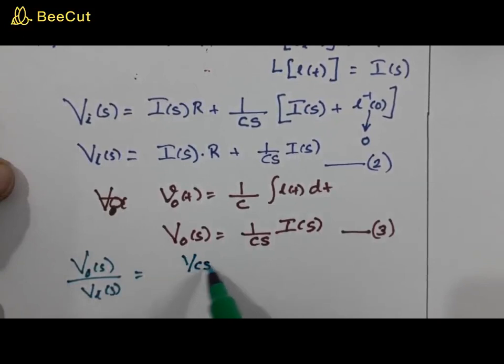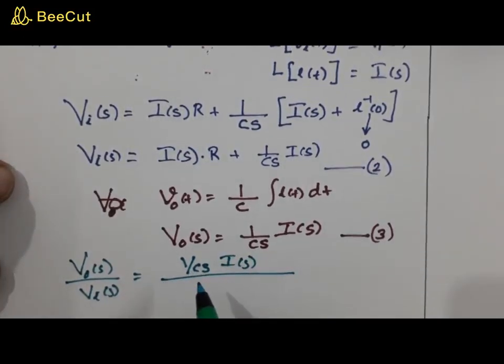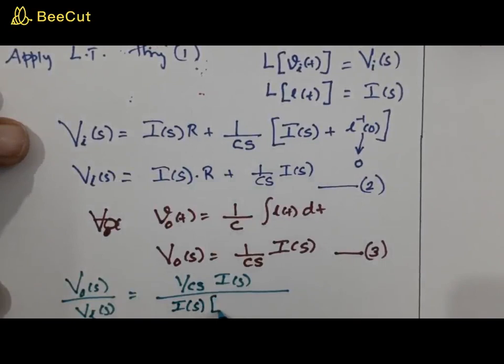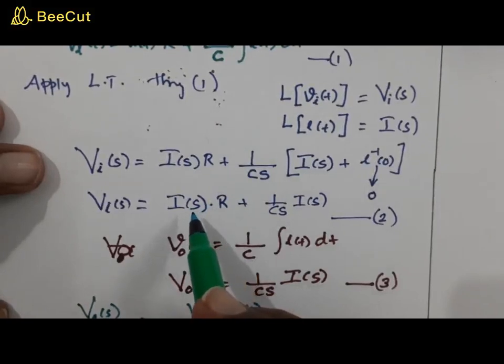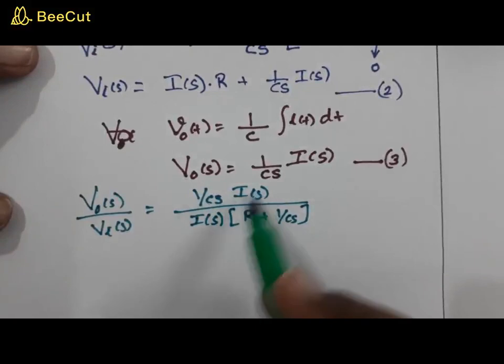1 by cs into I of s divided by, what is vi of s? Vi of s will be I of s into r plus 1 by cs, right? Here I am taking I of s common, so that this becomes 1 by cs into I of s into this.